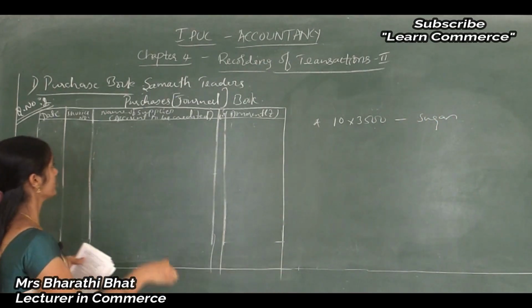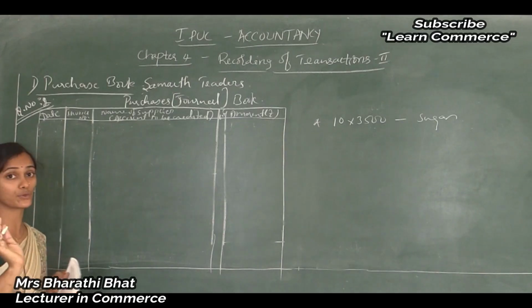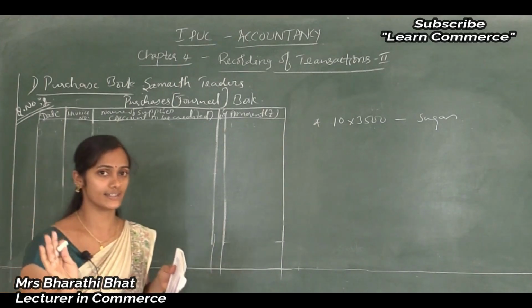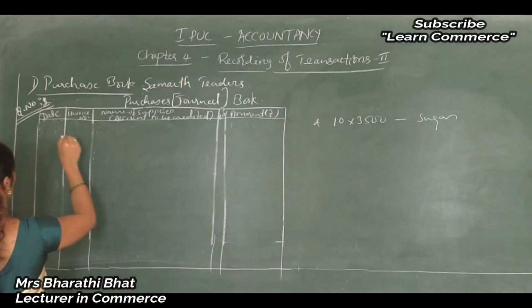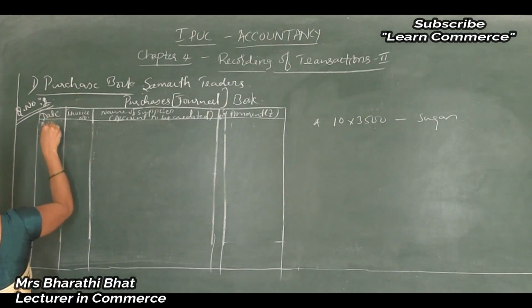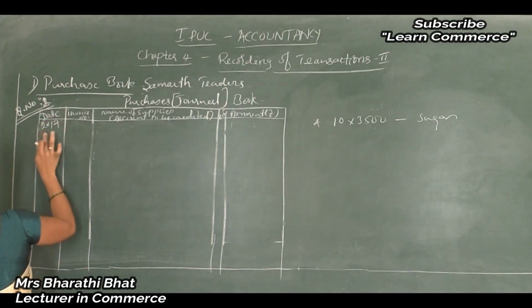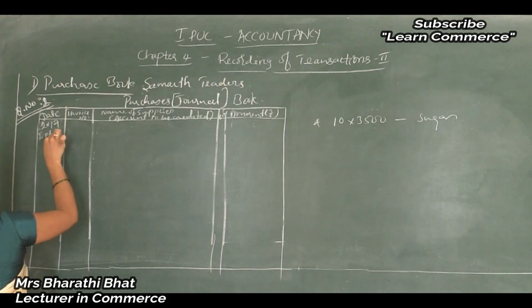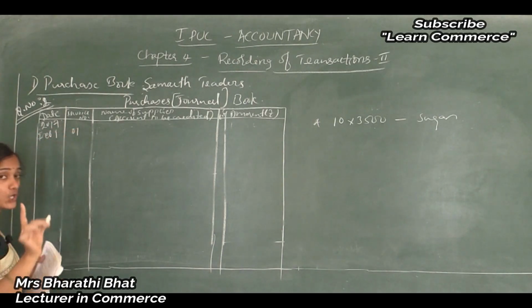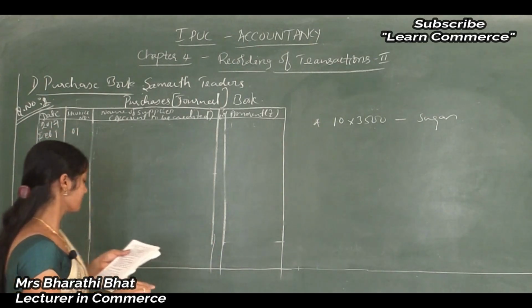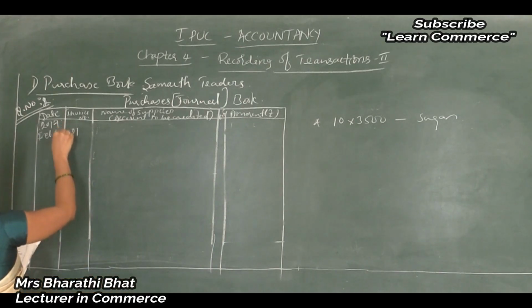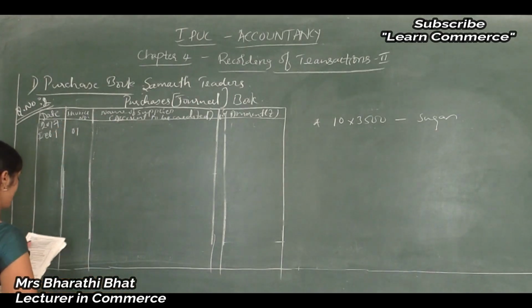Okay. So now we have to write the supplier name, right? So date 2017, February 1st. Invoice number is not given here also, and for that reason we have to write serial numbers.